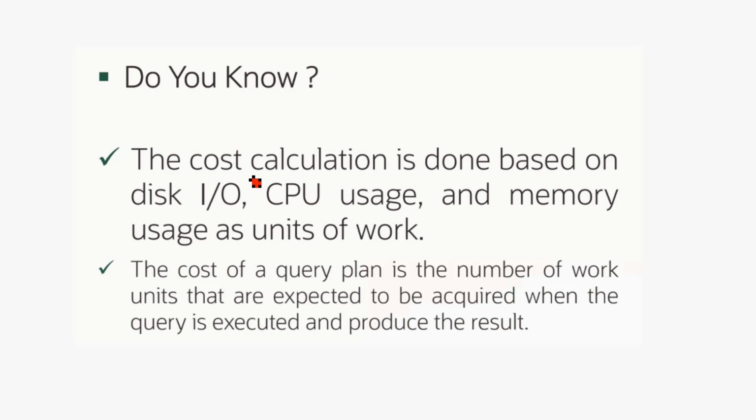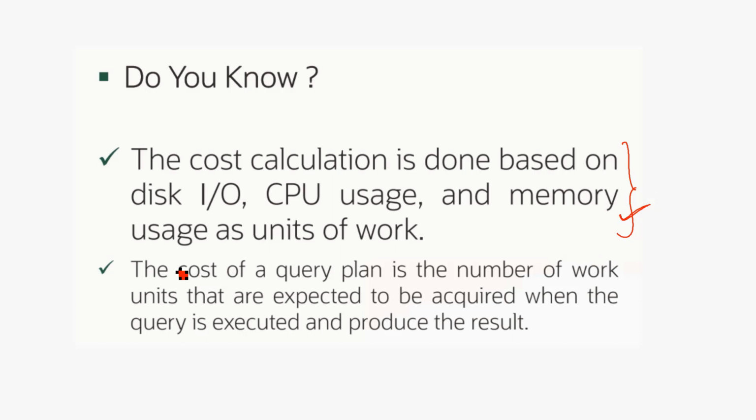Next, the cost calculation is done based on disk IO, CPU usage, and memory usage as a unit of work. According to this also, we should know how cost is being calculated.